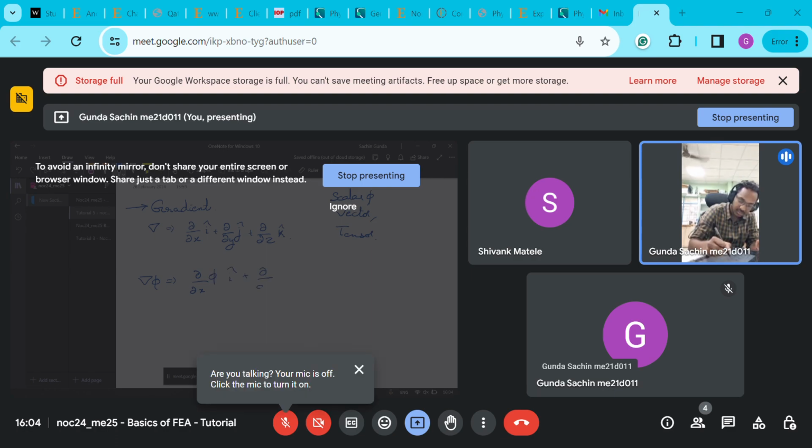So how the scalar value is varying in this specific direction.